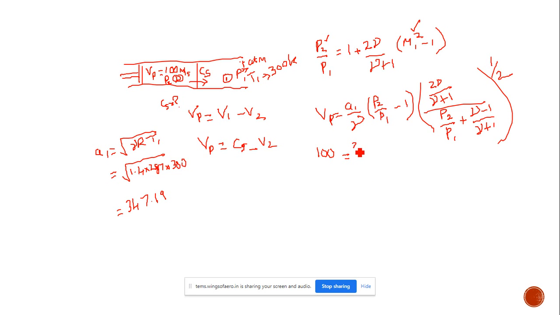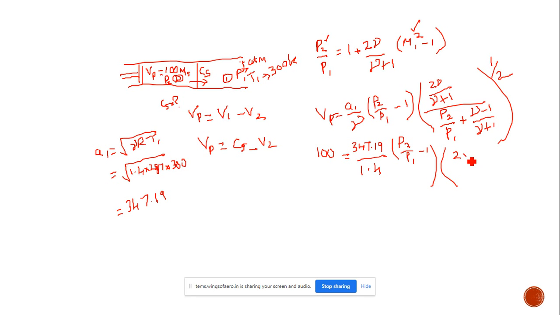347.19. Okay, so we can substitute here 347.19 divided by 1.4 into P2 by P1 minus 1.